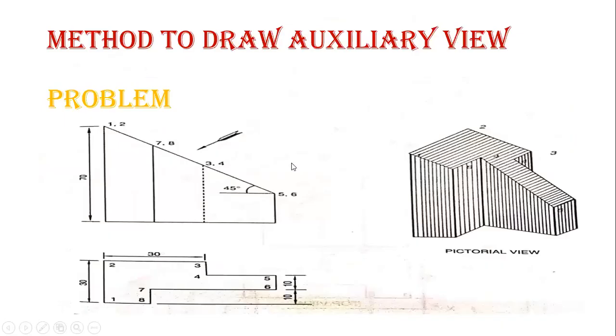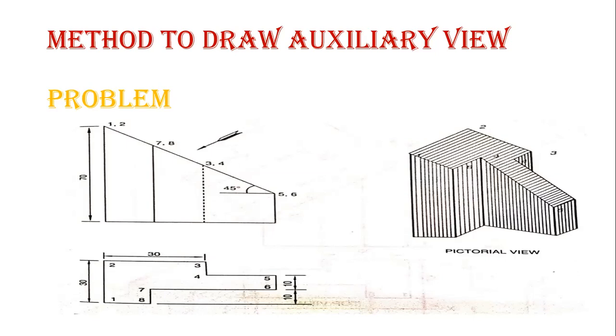Now we will discuss a problem on auxiliary view. In an auxiliary view problem, we are provided with two views, that is front view and top view, or front view and side view.